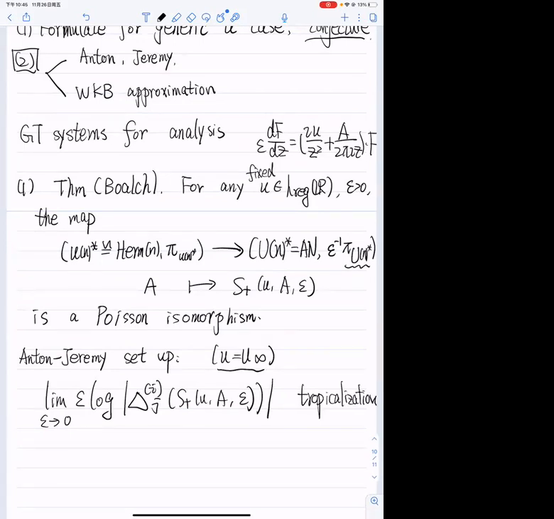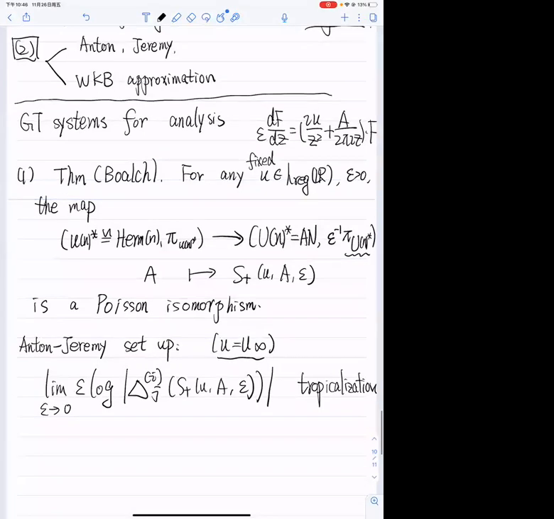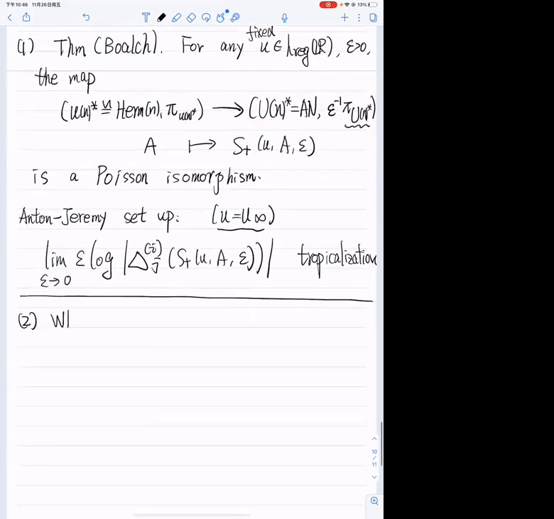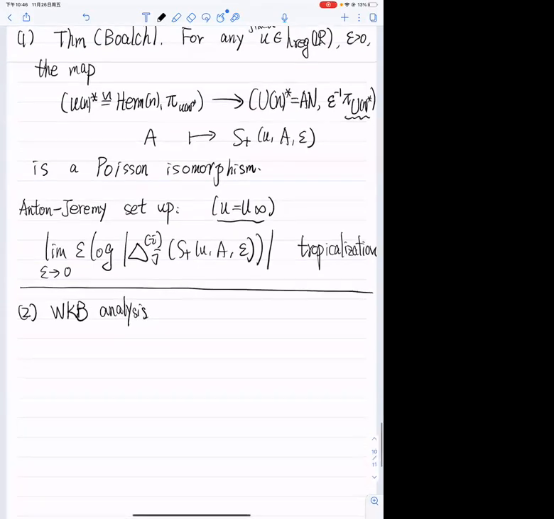So the Boalch theorem established the correspondence between the tropical Poisson geometry and this WKB analysis. Okay, this is one way to think of it. If you prefer the Poisson geometric setting, then this is one explanation. Okay, let me give you another explanation from the purely analysis side, WKB analysis.